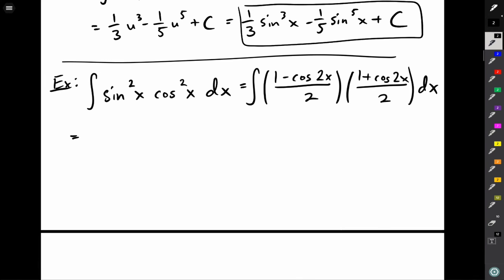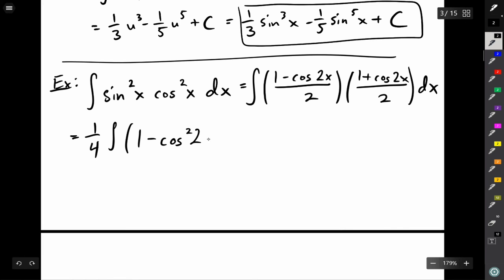The nice thing about having a sine and a cosine with even powers like this is that when we multiply that out, it's going to be a little bit simpler than just sine to the 4th. So I'm going to pull out both of those 2's as a 1/4 like before. When you multiply this, you're going to get 1 minus cosine squared 2x.